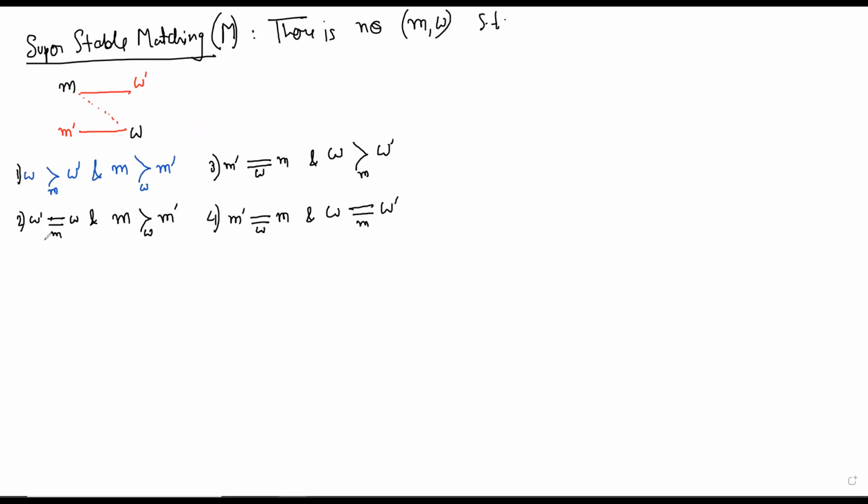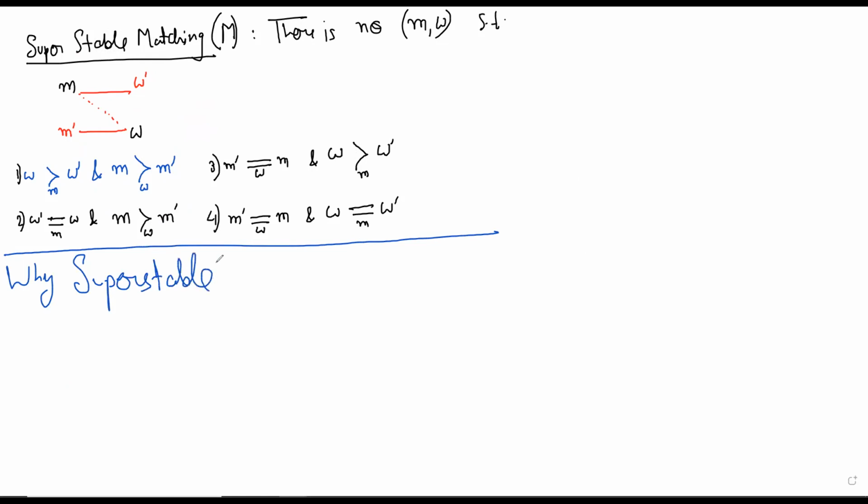Really the question that I'm asking here is, why super stable? Why do you want these 4 conditions?